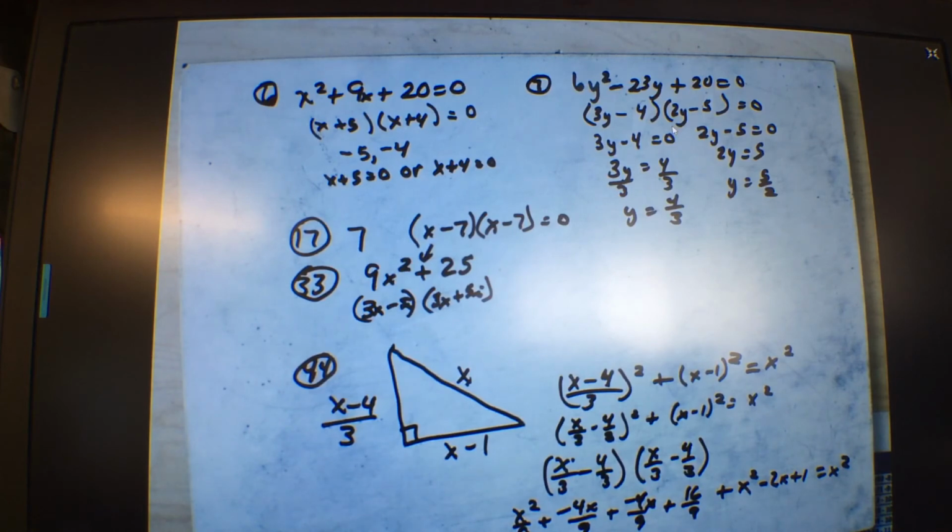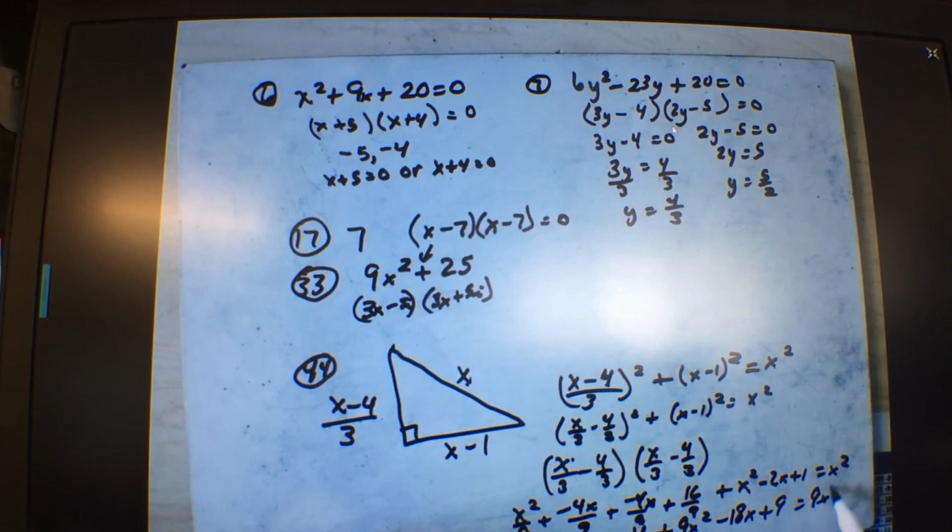Why? Because of the common denominator. Alright, so I get x squared, plus a negative 8x if I put those two together, plus 16, plus 9x squared minus 18x plus 9, equals 9x squared.